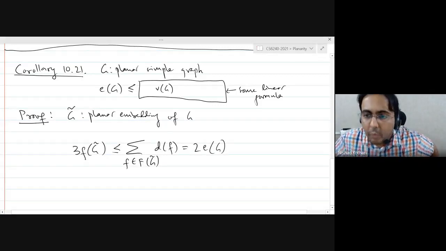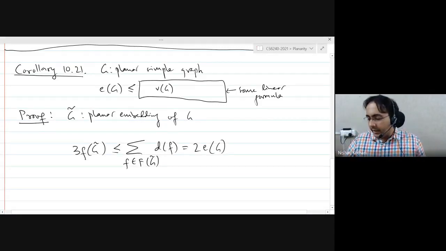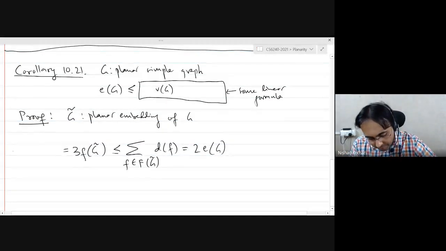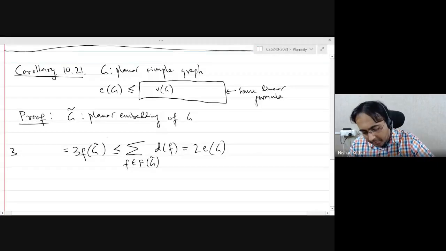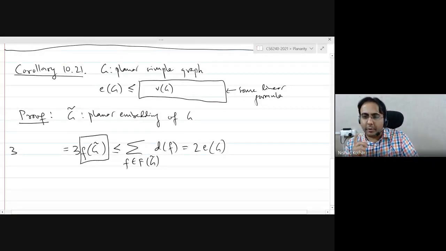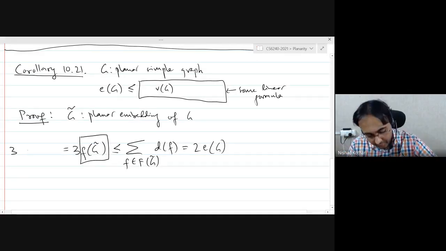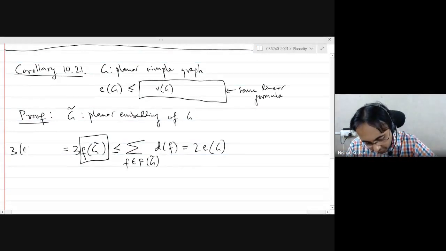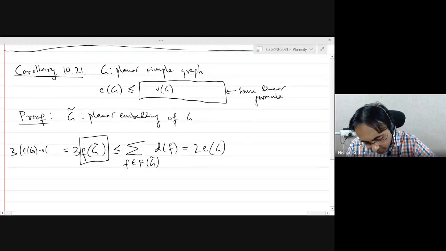This will be a lower bound on the sum of the degrees of the faces. And this quantity, using Euler's formula, we can write in terms of the number of edges and vertices. So it's the number of edges of the graph minus the number of vertices of the graph plus 2.